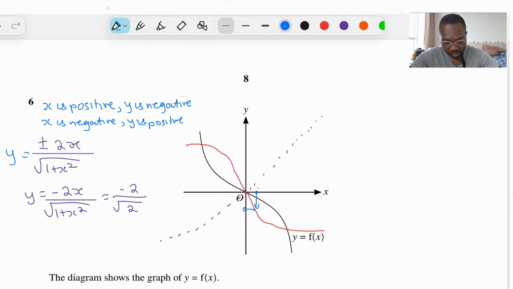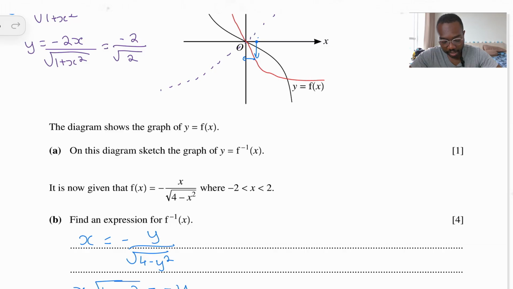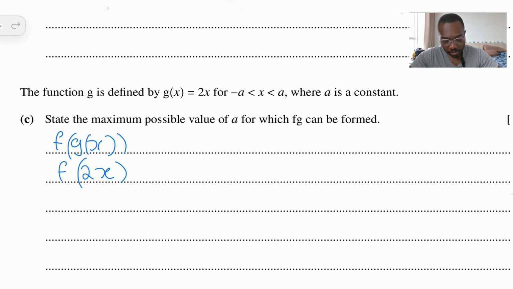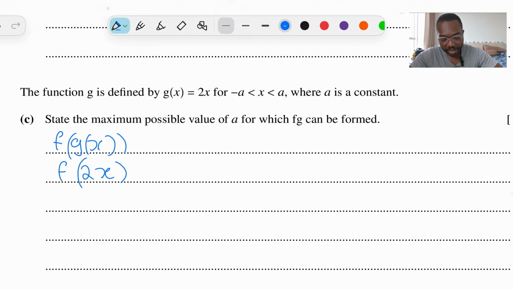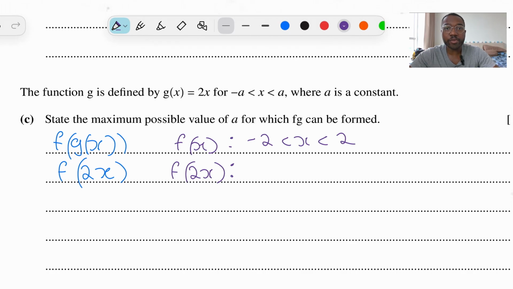Now going back to our question here, we are told that for f of x, x is between minus 2 and 2. So when we had f of x, the domain was minus 2 less than x less than 2. If we have f of 2x, what's happened to the domain of f of 2x? What's the transformation for this?